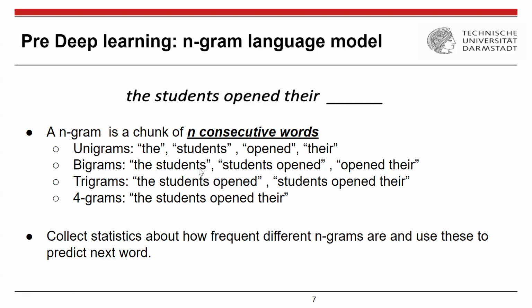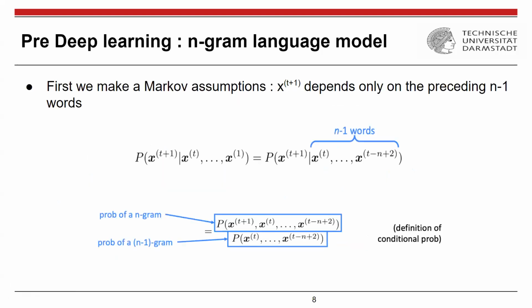These are some of the things that you need to estimate from your corpus, that is, from your text documents. Using the statistics of these n-grams, what you are trying to calculate is the probability of x(t+1), that is, the next word in your sequence, based on the previous words.